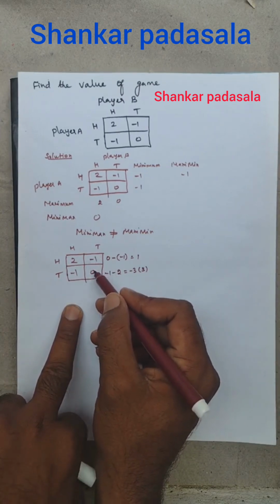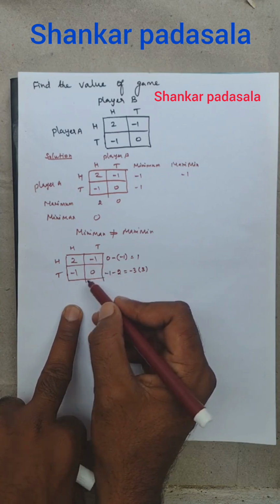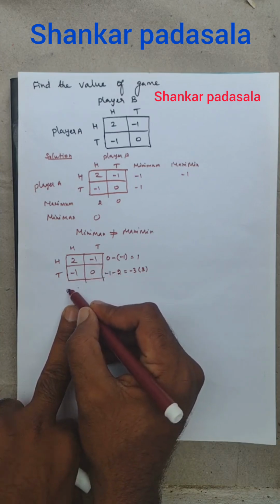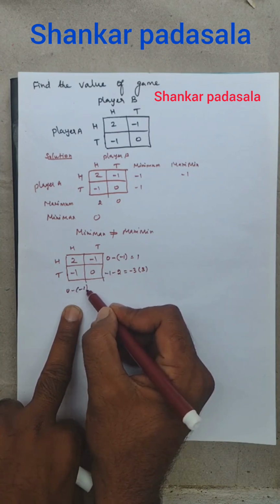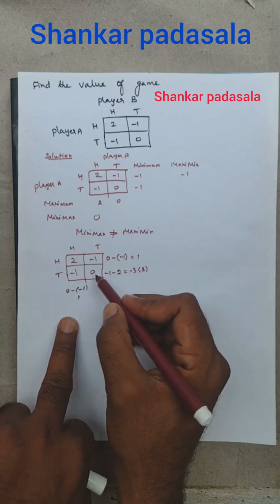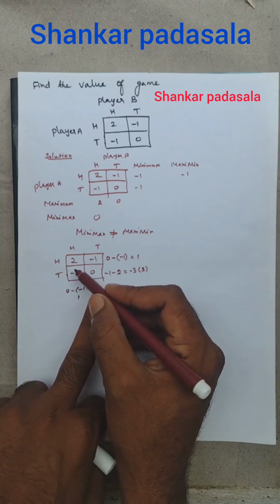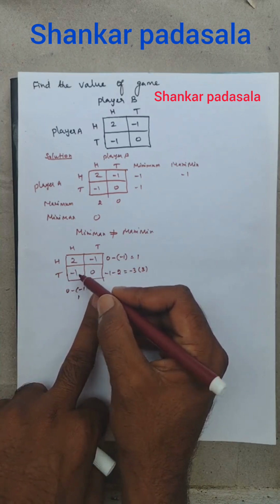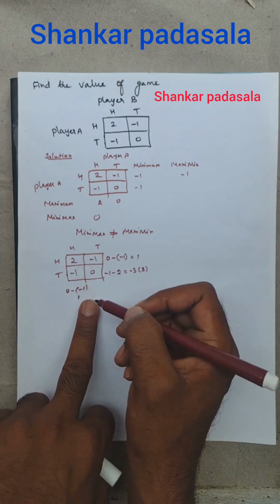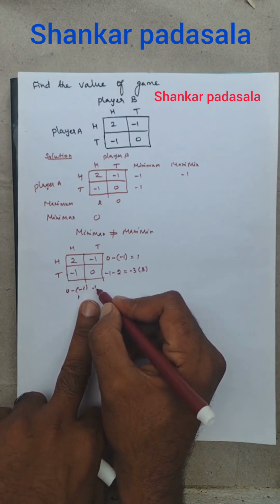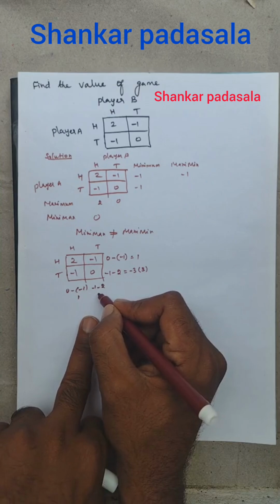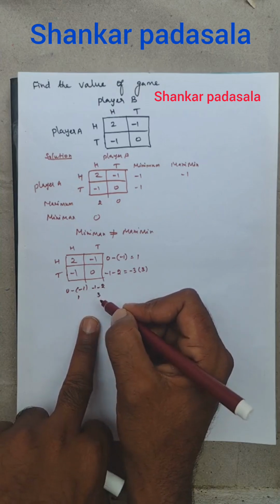So what is the difference here? 0 minus of -1 becomes +1. In the second column, the first column difference: 2 minus of -1, or -1 minus 2, ignore the sign, the total difference is 3.